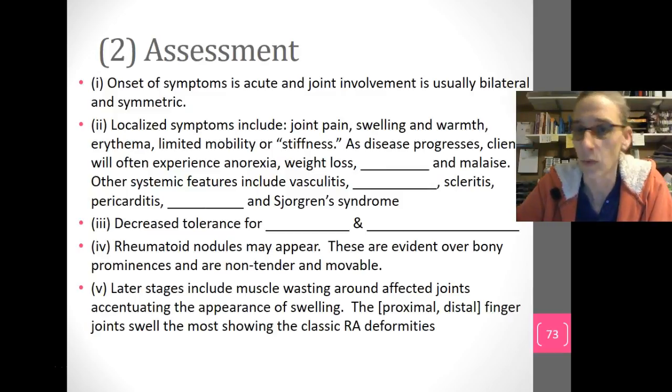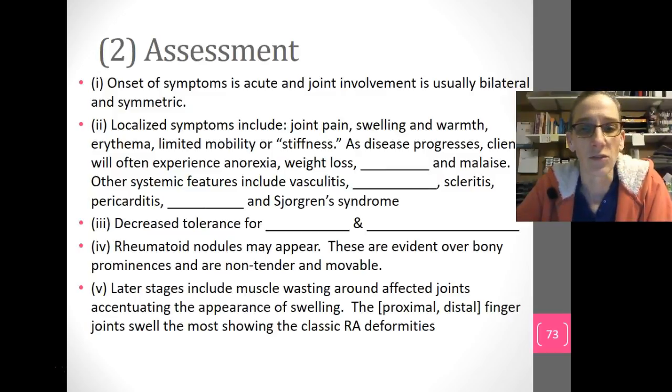So hopefully you guys kind of took some time. I know you don't want to look up one word, 2 words. There's a couple of words on this page that will really, really help you remember it if you'll pause and look these things up. Other systemic features include things like vasculitis, neuropathy, scleritis, pericarditis, splenomegaly, and Sjögren's syndrome.